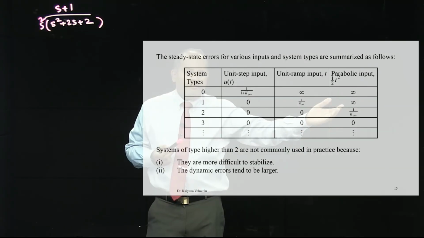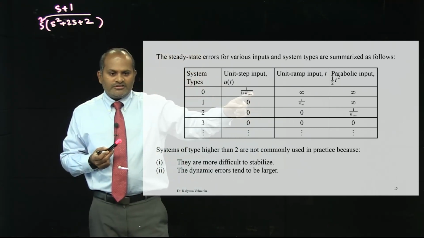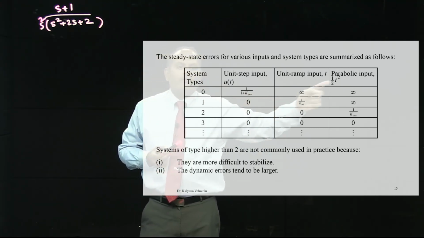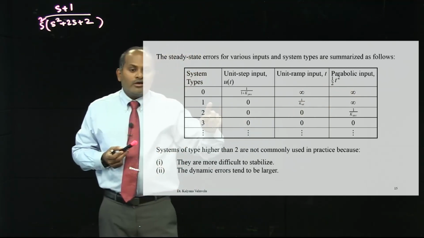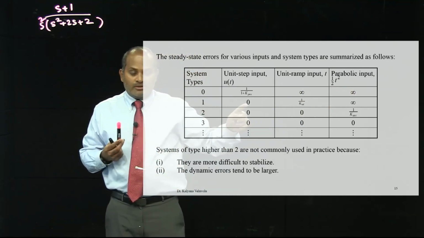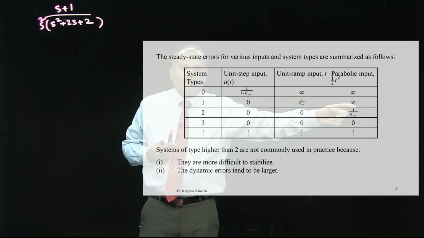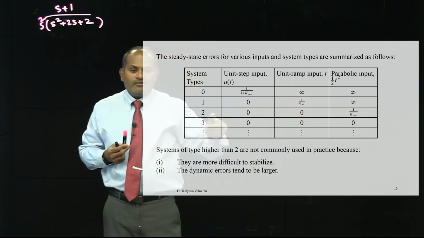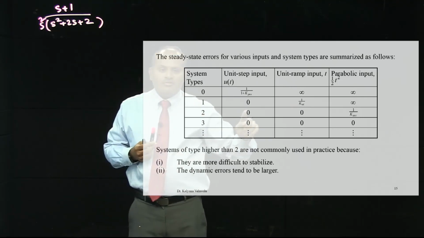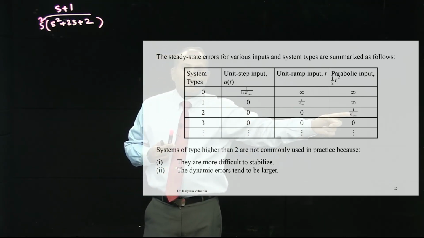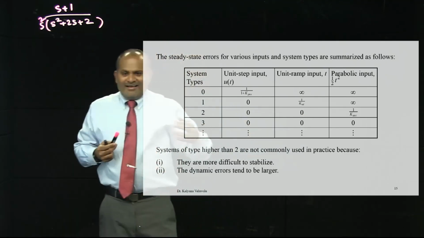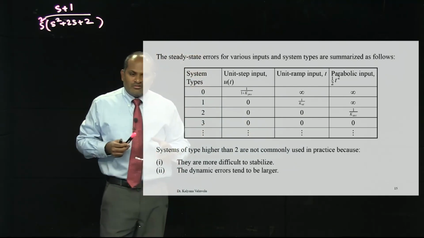For type 0, I get constant error for unit step, infinity error for ramp, infinity error for parabolic. For type 1, I get 0 for step, which is good, constant error for ramp and infinity for parabolic. This is better than type 0, but if you go to type 2, you get 0, 0 and then constant. Higher types, 3 and 4, are not common.